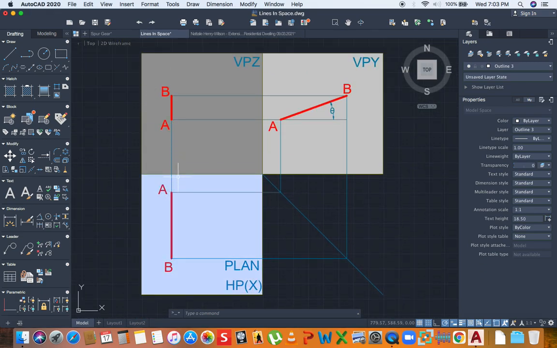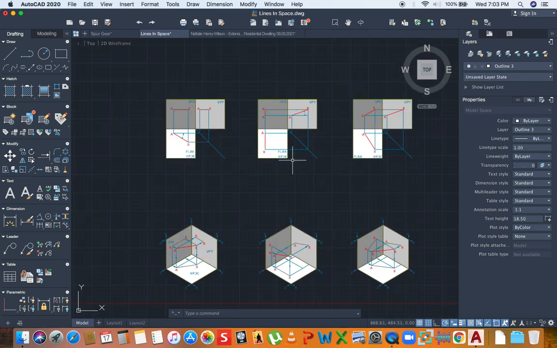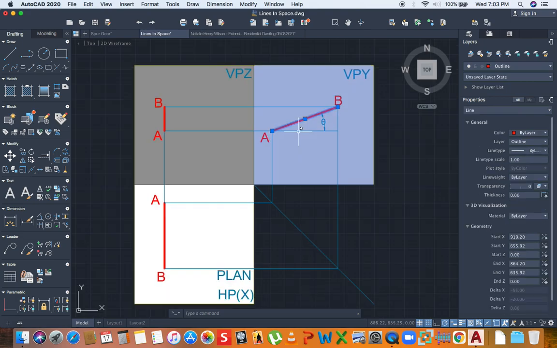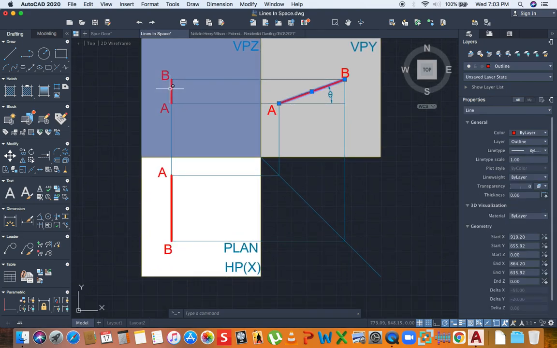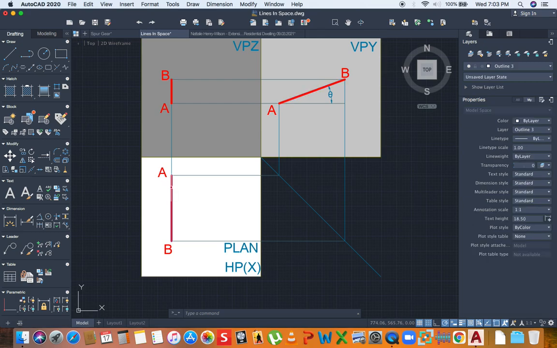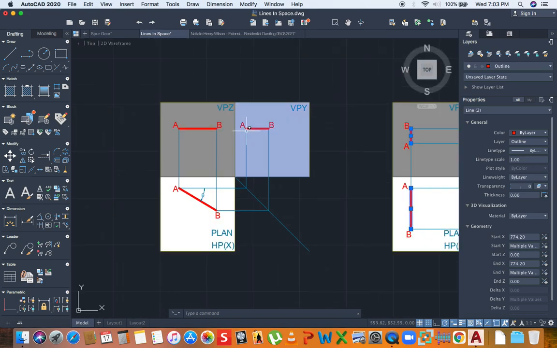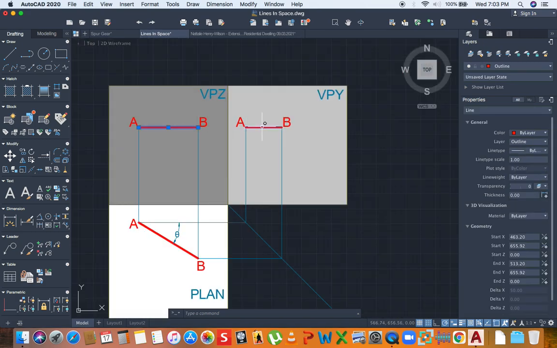If you notice, on this view, the side view, it is appearing as the true length. In the other views, the lines are appearing straight. In this situation, the lines appear vertical. They are not the true length. These lines appear horizontal.